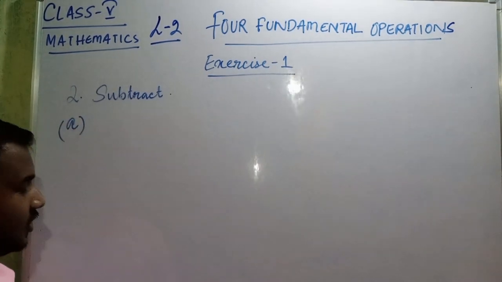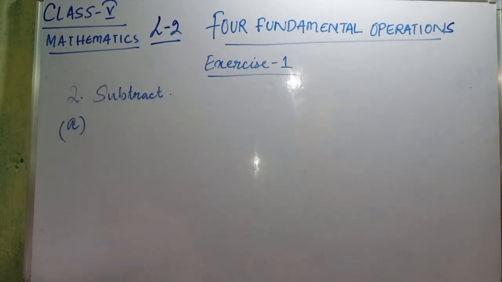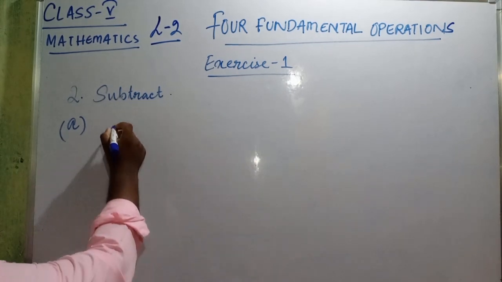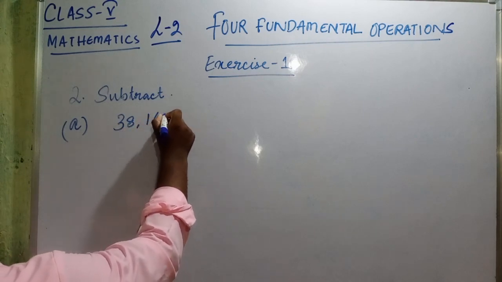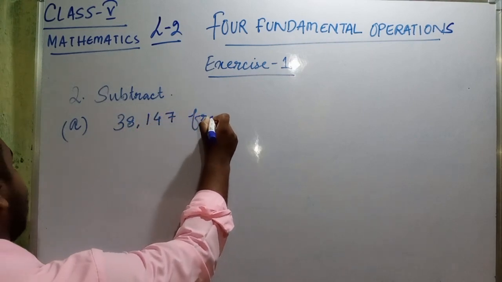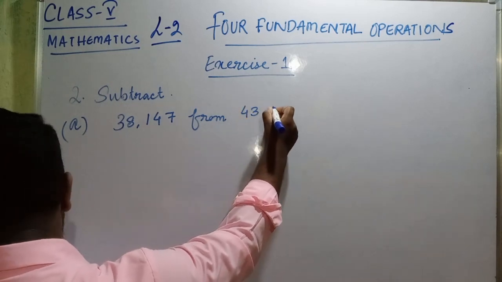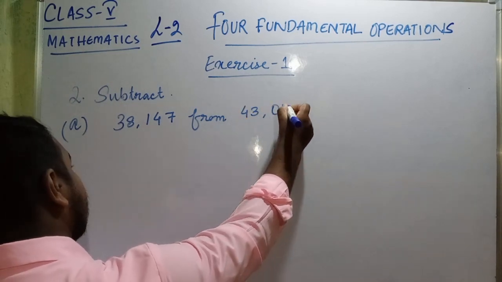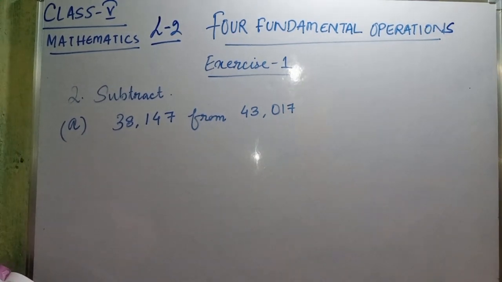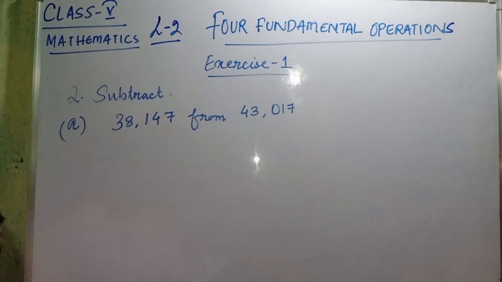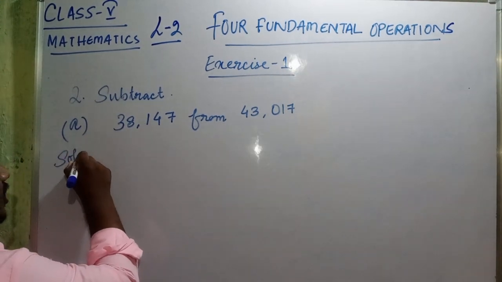Suppose A number question I will take. What is given? 38,147 from 43,017. Okay, 43,017. So what you will do first? You have to write solution or your answer.